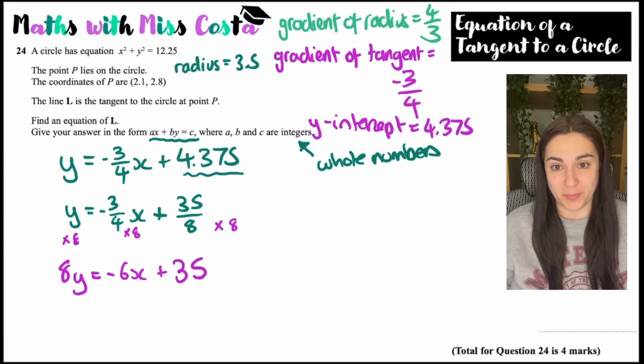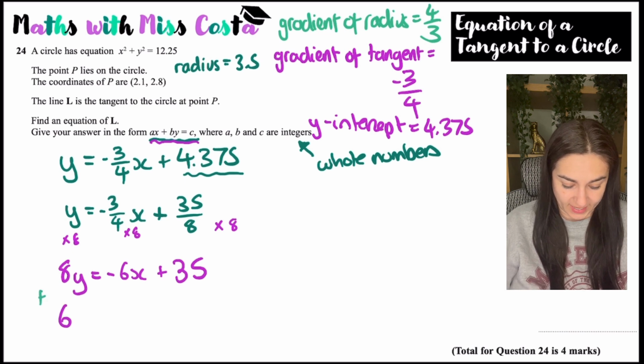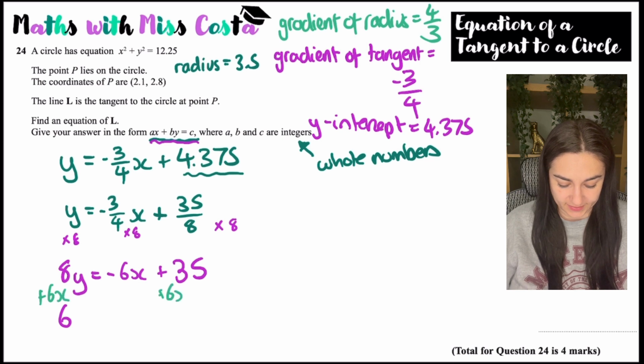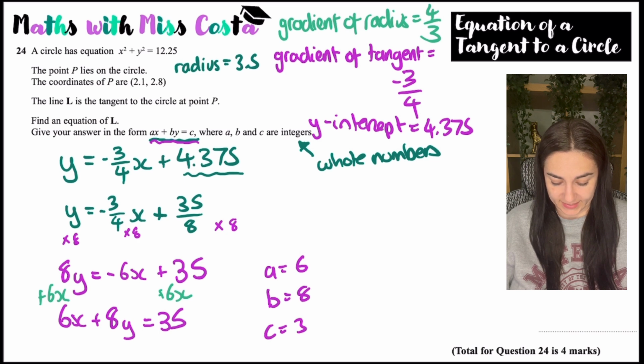By multiplying by 8, I've got rid of both denominators. And then what's the last thing I need to do? Well, I want both x and y on the same side, and I want x to come first. So you add 6x to both sides. So you've got 6x plus 8y equals 35, where A is 6, B is 8, and C is 35.